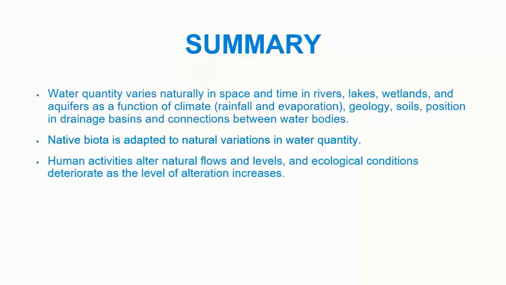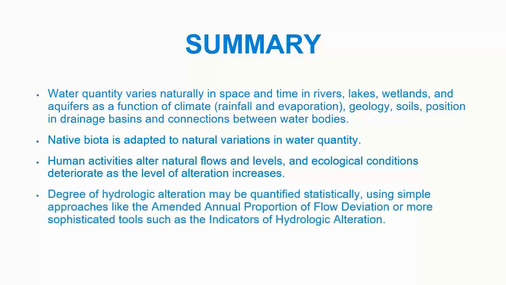We've learned human activities alter natural flows and levels, and ecological conditions deteriorate as the level of alteration increases. And the degree of hydrologic alteration may be quantified statistically using simple approaches like the amended annual proportion of flow deviation or more sophisticated tools such as the indicators of hydrologic alteration.